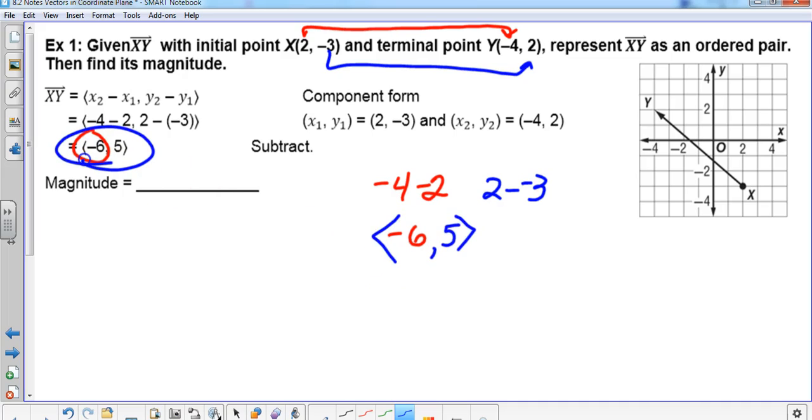Everybody okay with where they got those components? Then how do you find the magnitude? That's not anything new. It would be -6 squared plus 5 squared, square root. 36 plus 25, square root is 61. Does that sound right? Or some decimal? Everybody okay with what magnitude is?